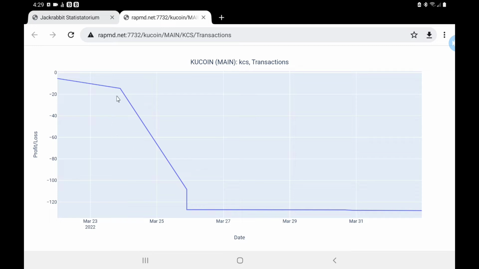Because you've purchased the asset, you pay a fee on purchasing the asset. So the coin that you're supposed to be using for your discounts, you've paid a fee on it. So if you spend $20 in KCS, you're going to pay 0.2% fee. Right off the top, that's your fee.